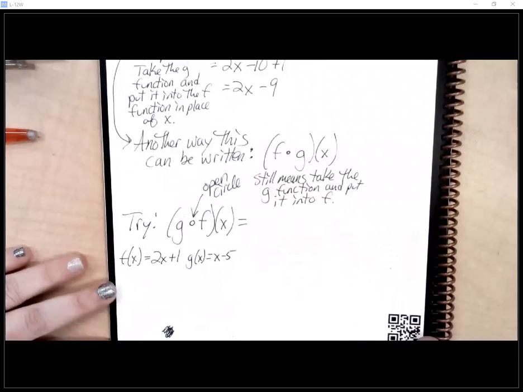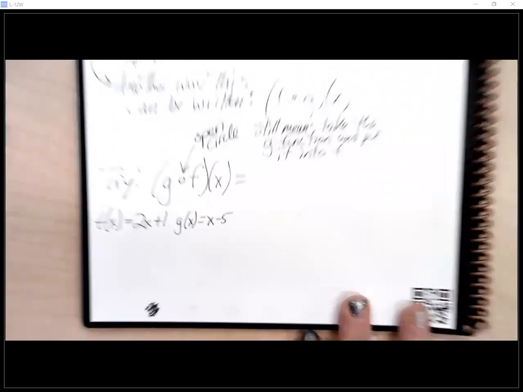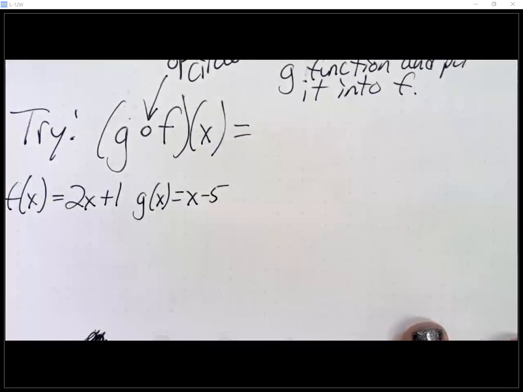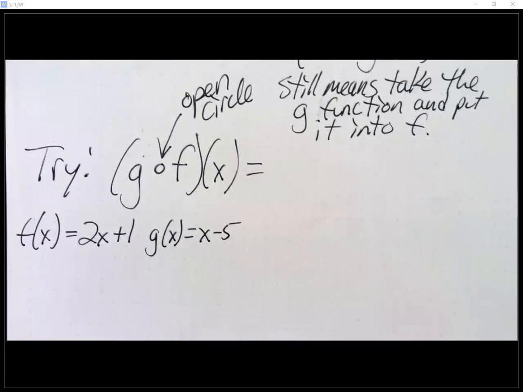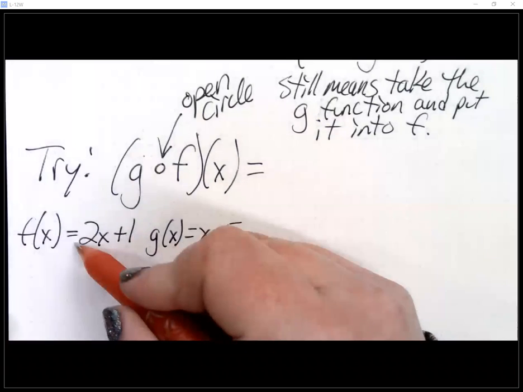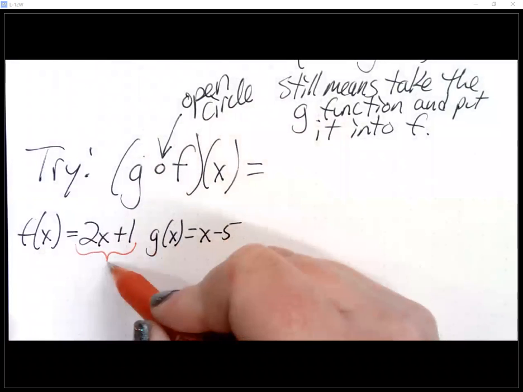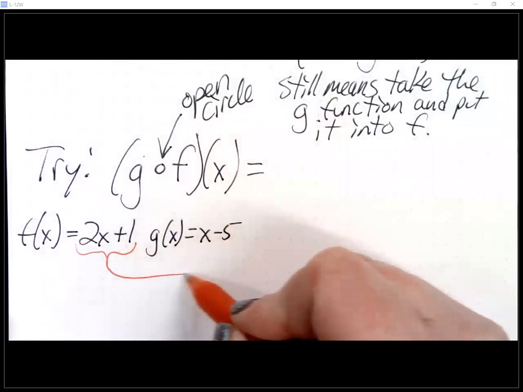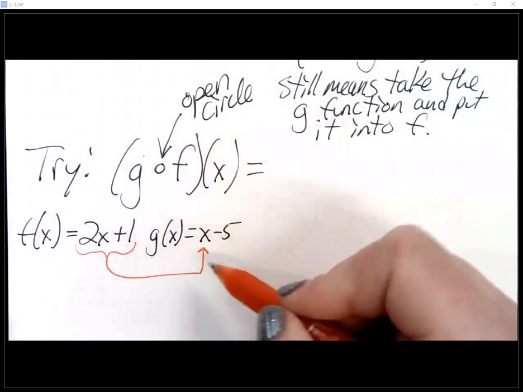So this is basically what I'm doing here. I'm going to take everything that the F is, bring it over here to the G, and swap out that variable for everything that I have in the F function.